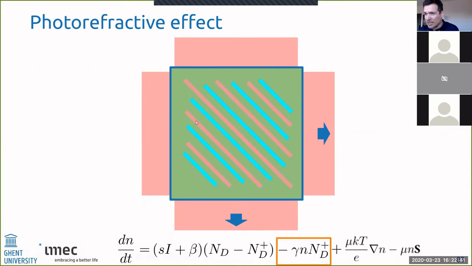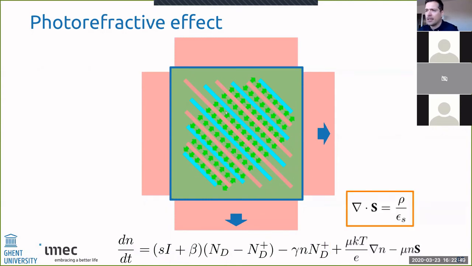So you get regions with positive charges and regions with negative charges, which creates an electric field in the crystal. This electric field is basically constant, because if you remove the light, the charges stay trapped. This electric field is what we call the space charge field of the photorefractive crystal.